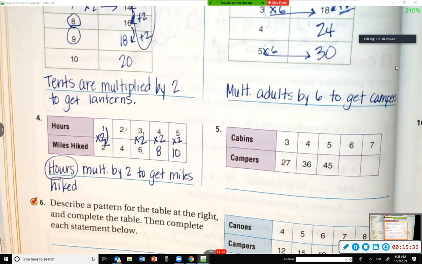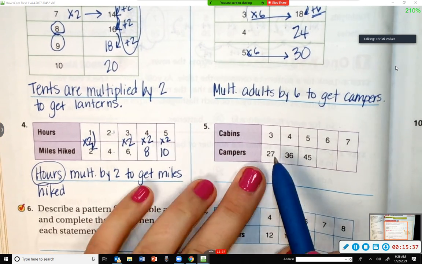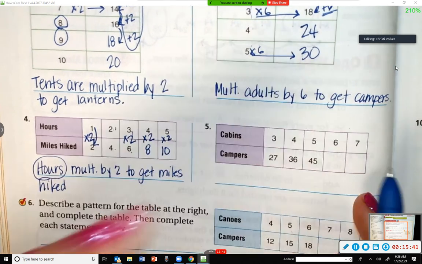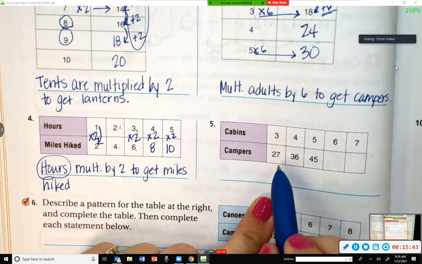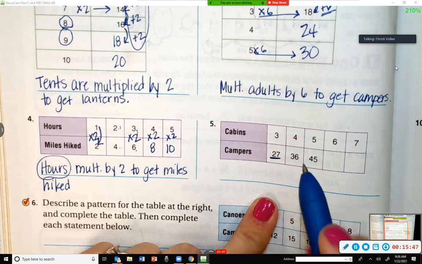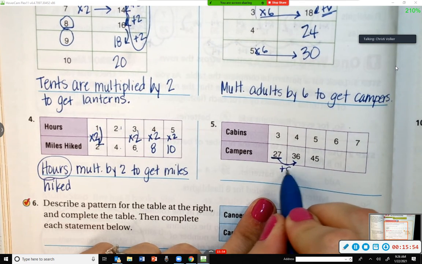Number 5. Okay, so we kind of had a little bit harder time with this one, I guess because it's higher numbers, but I encourage you to start by looking at what they're adding by. So you could have started with 27, count up to 36, and you would have counted 9, right? Yes. So they're adding 9 this way.